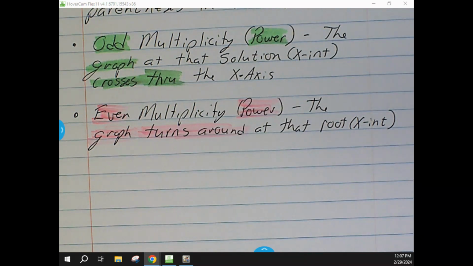Okay, so odd power, it crosses through. Even power, it turns around. And that's it. It's just one of those things, and you'll see it when we look at the graphs and give you some examples.